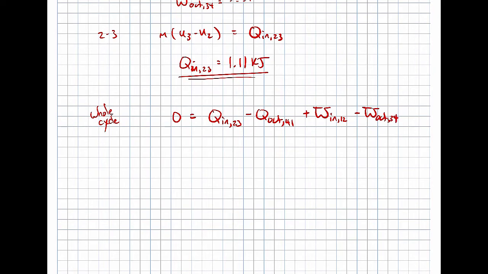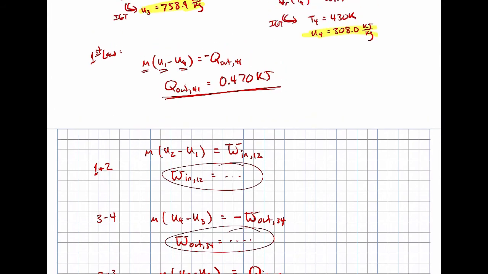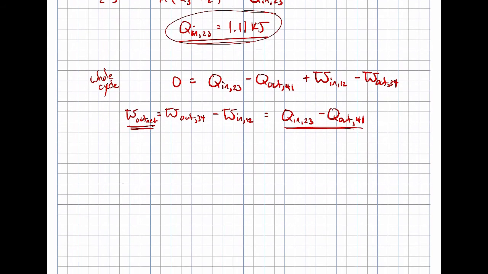So you can see then that W out 3,4 minus W in 1,2, this is the net work out, right? That will be equal to Q in 2,3 minus Q out 4,1. So I can find the net work out by just taking a look at the heats. So that's why, in the solution that I'll post, I didn't actually calculate these values because I ended up using the heat. So I do know the Q in is 1.11 kilojoules, and I know the Q out is 0.47 kilojoules.